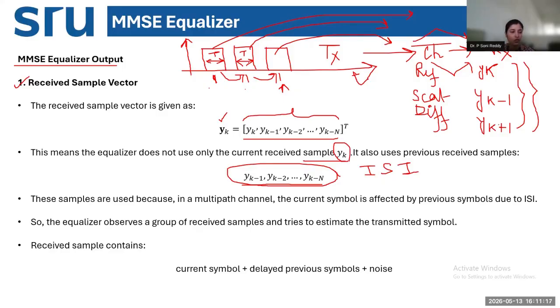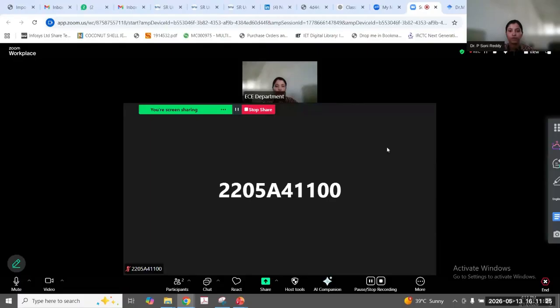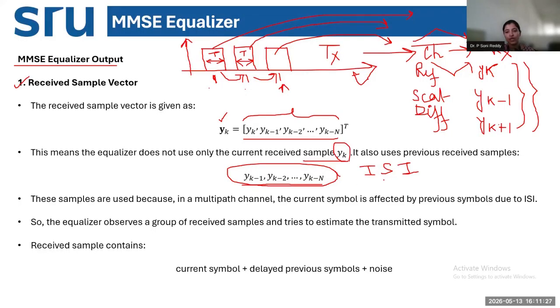Why? Because it is overlapping. So some part of your current symbol will have the effect of the previous symbol because of ISI or delay. How? If I say that this is my previous symbol yk minus 1.